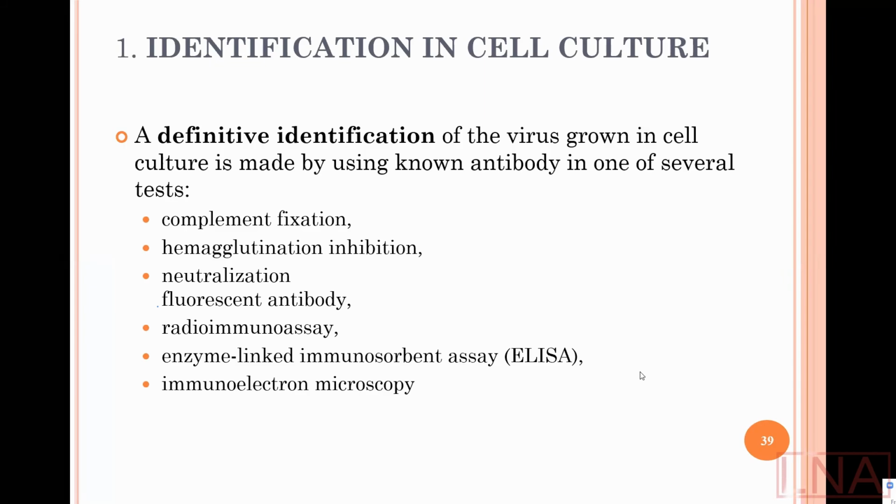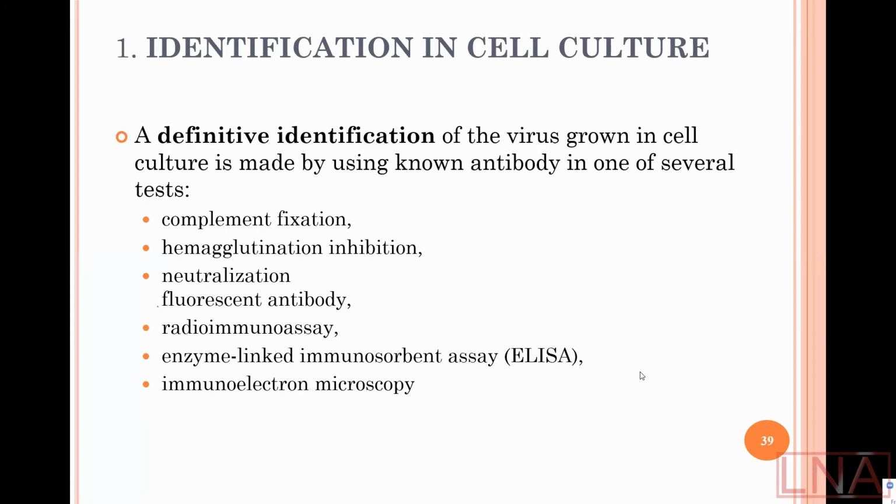Next way is definitive identification. It is possible by several tests. Usually we use it when the growth in cell culture is made using known antibody. So first of all, complement fixation test. You know about it. We talked about it a lot last semester.